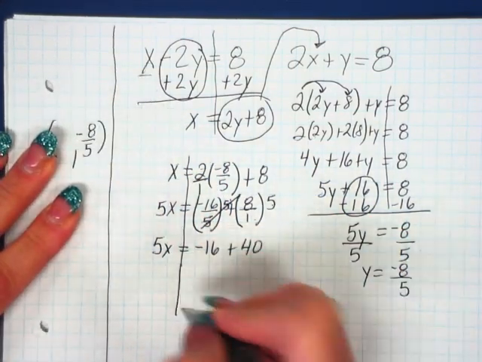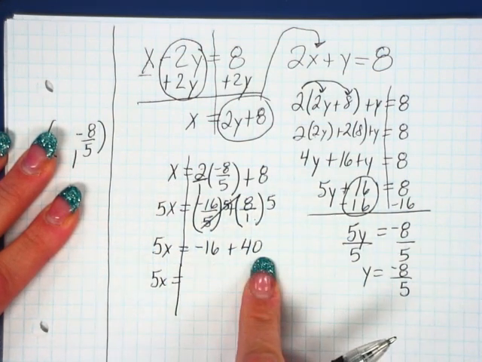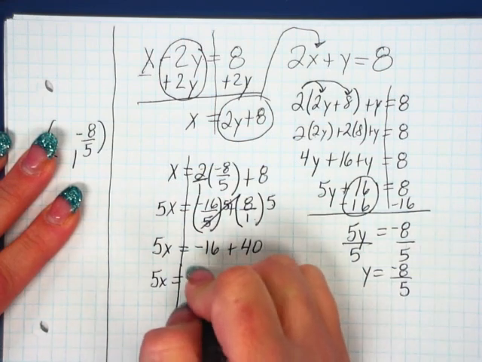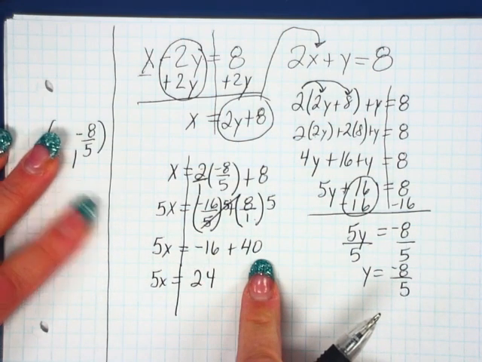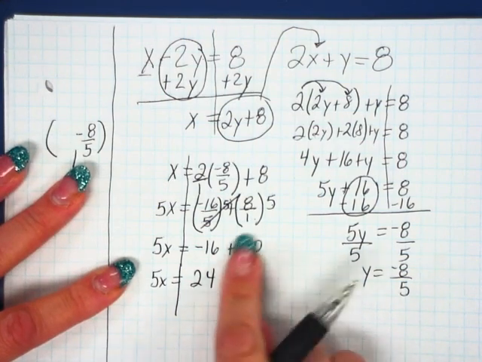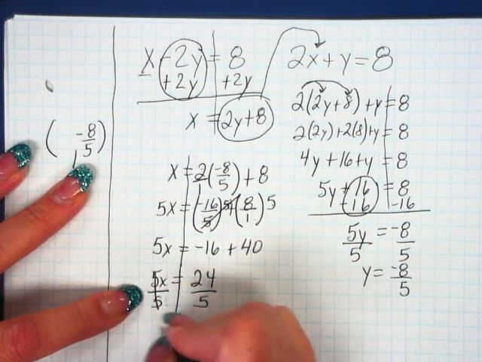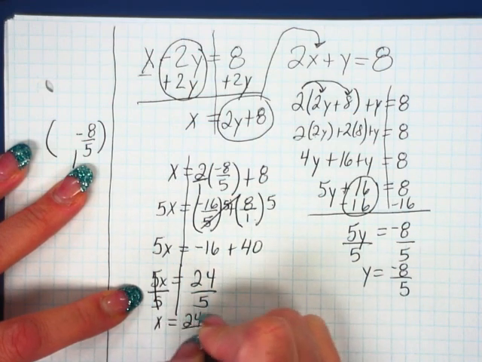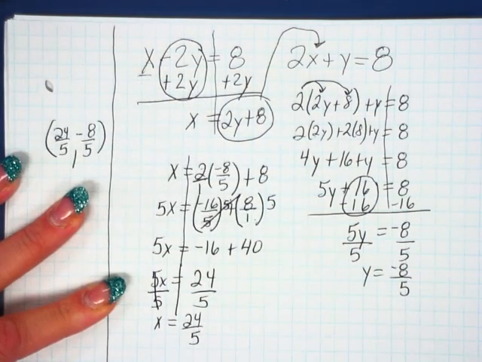If I add those two together, one's positive, one's negative, so we subtract. I get 24. And it's positive because the bigger number 40 is positive. Now I divide by the 5, and I never had to mess with them, but I do end up with 24 fifths as my solution.